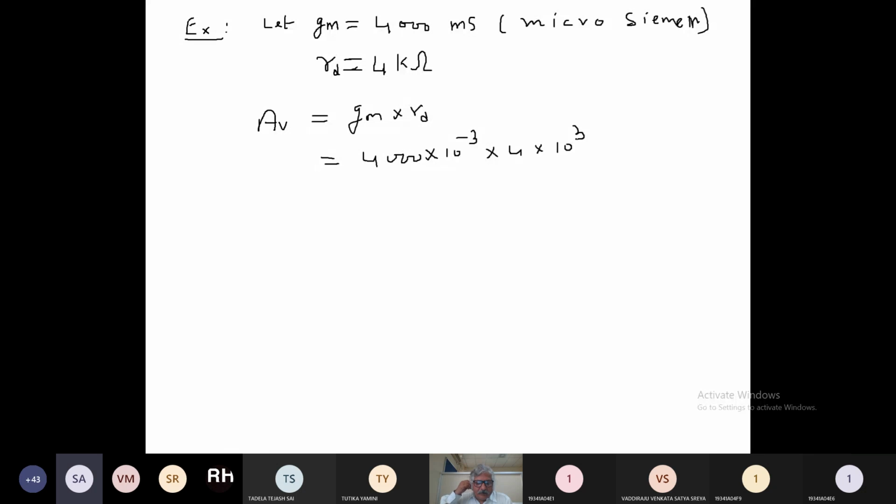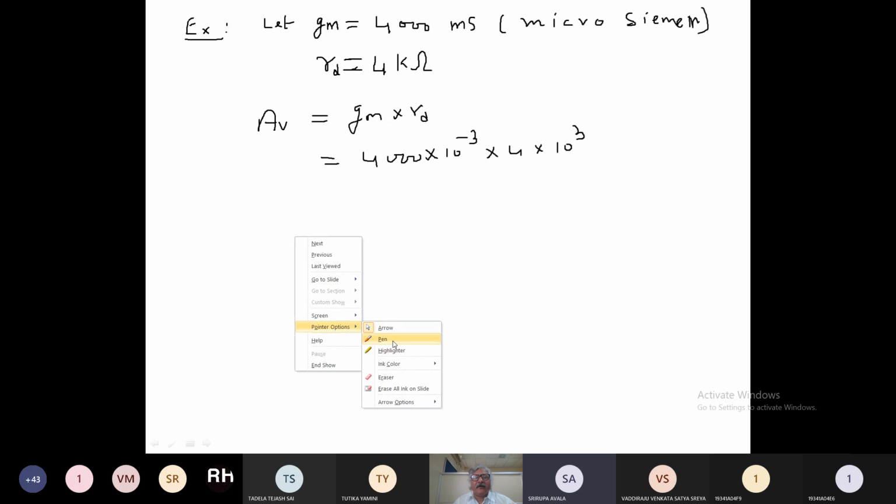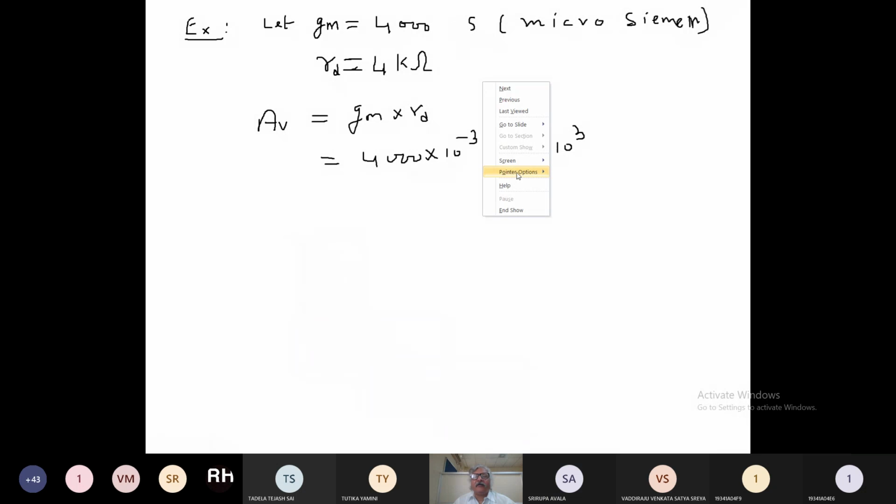Micro means 10 raised to the power minus 6, yes, correct. So its value will come 16 as AV.